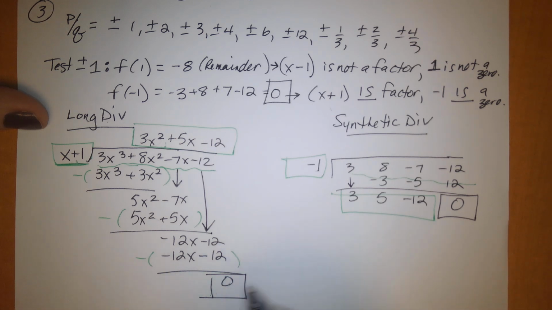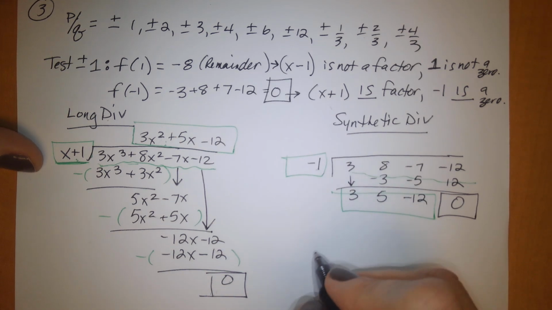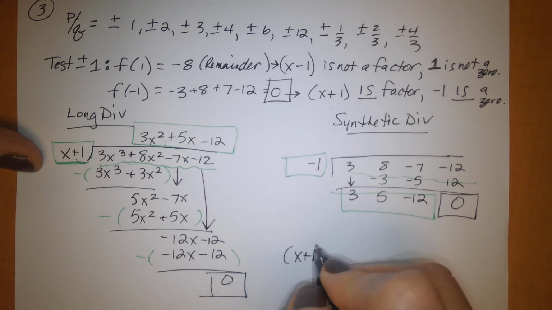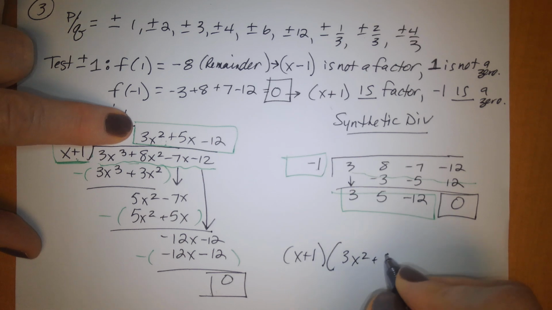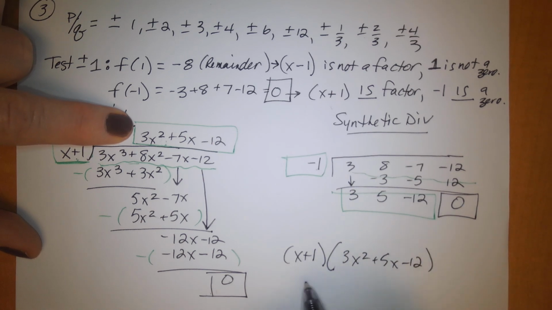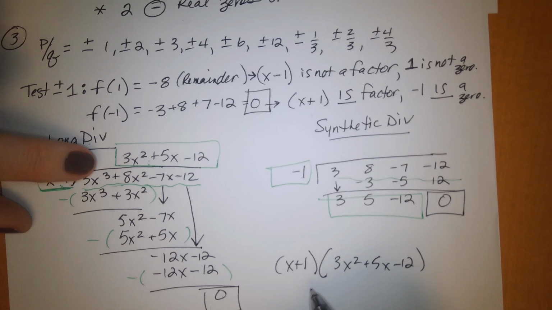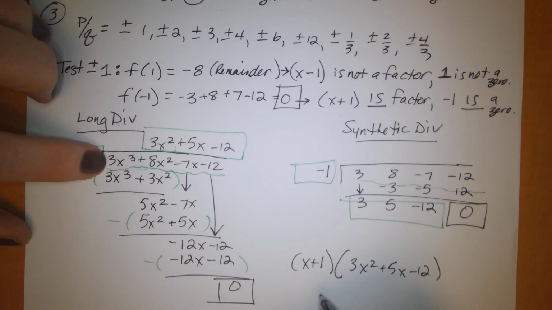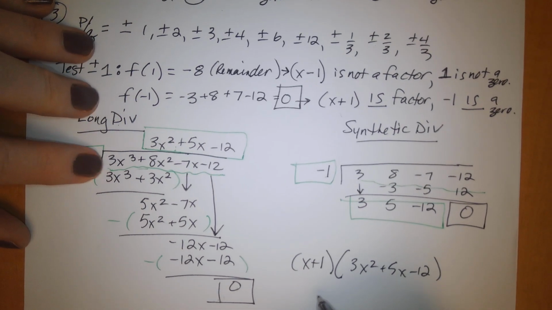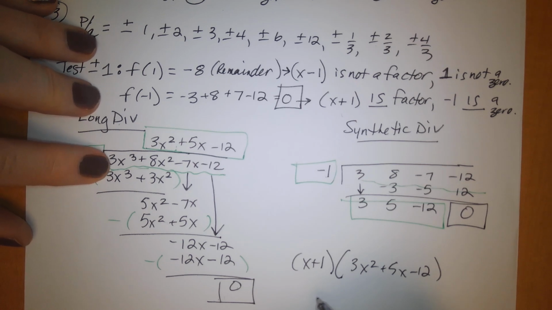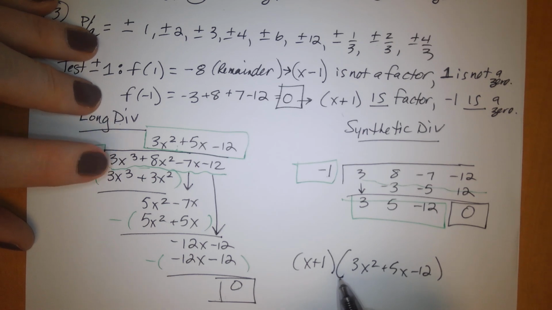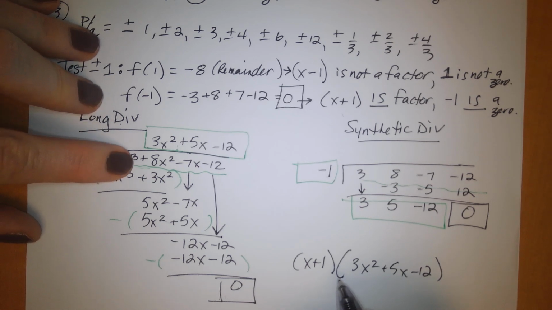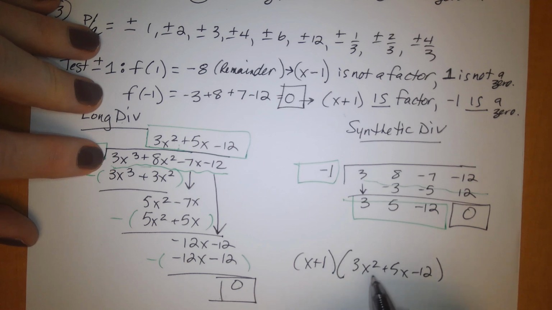So if I were to rewrite this, I know that x plus 1 times 3x squared plus 5x minus 12 is actually equal to the original polynomial that I started with, which was 3x to the third plus 8x squared minus 7x minus 12. So I have just figured out a way to factor this original polynomial with this large degree into something a little bit smaller and more manageable.